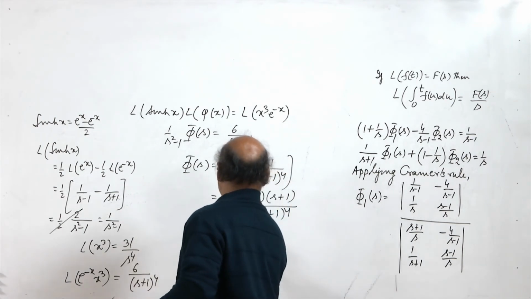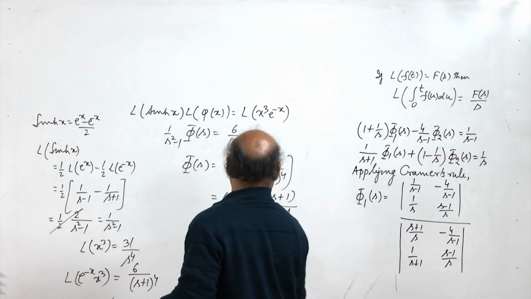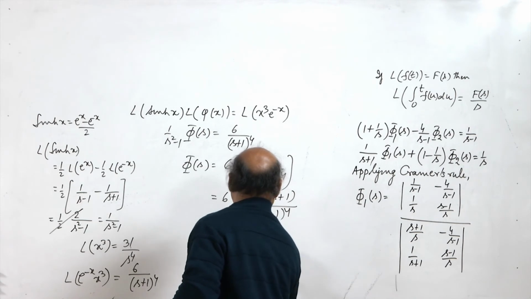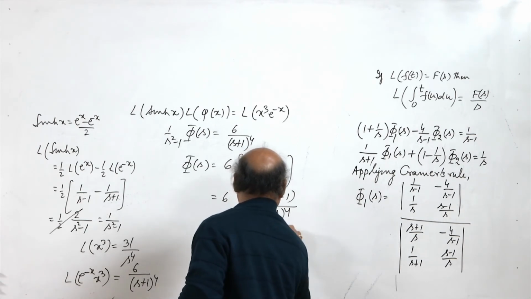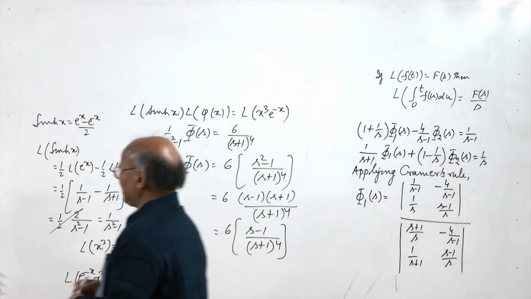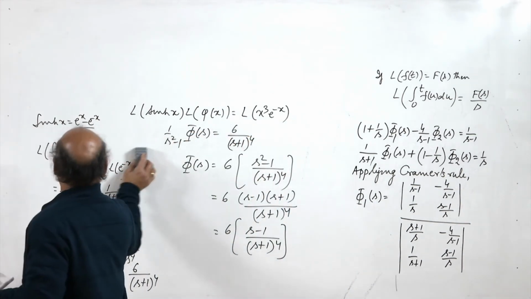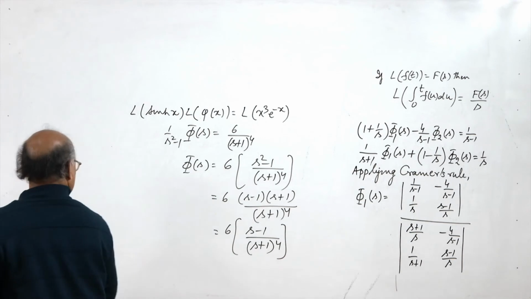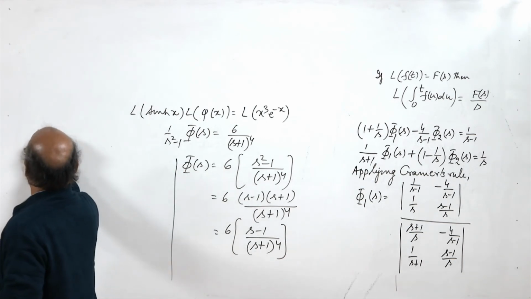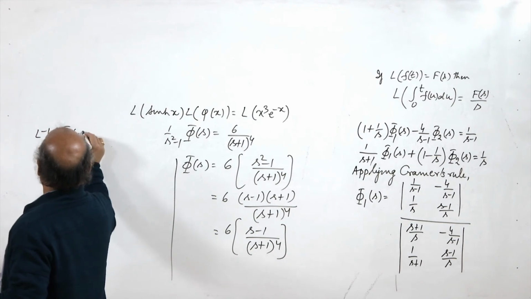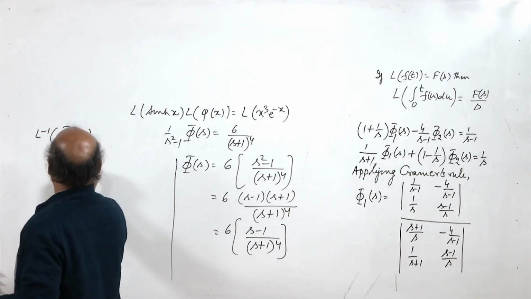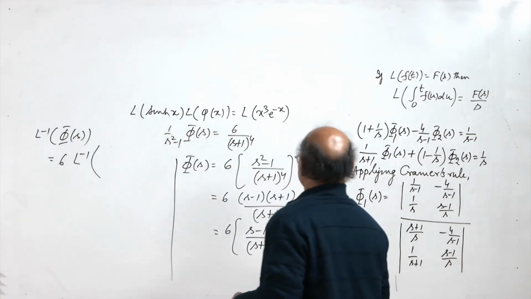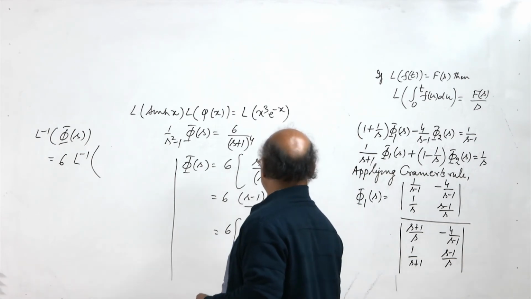So, I can write it as 6 times s minus 1 upon s plus 1 to the power 3. Therefore, taking the inverse Laplace transform, we have 6 times L inverse of s minus 1 over s plus 1 cube.